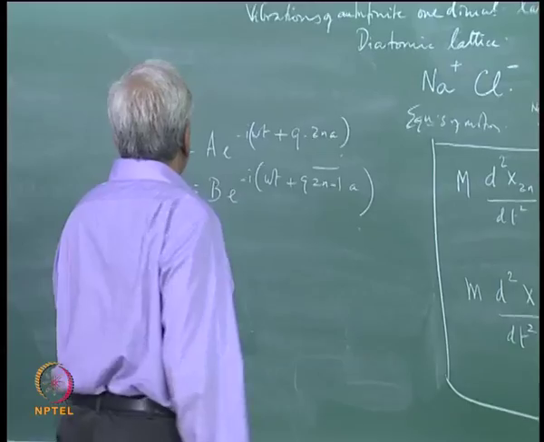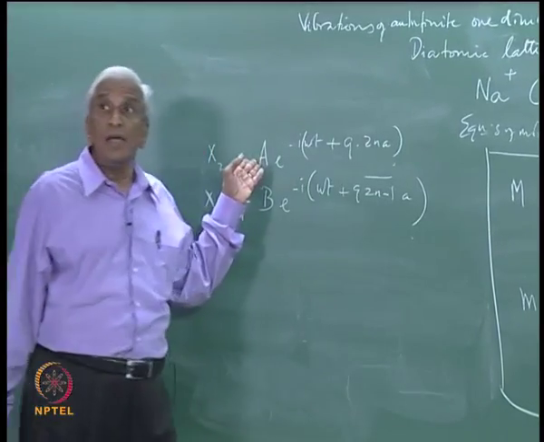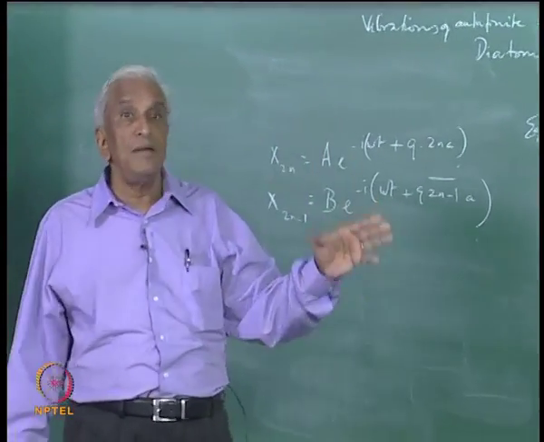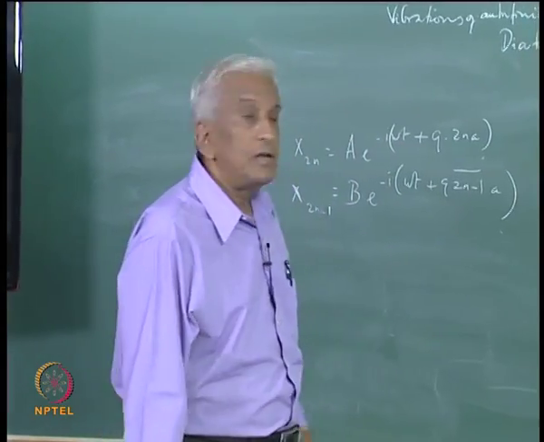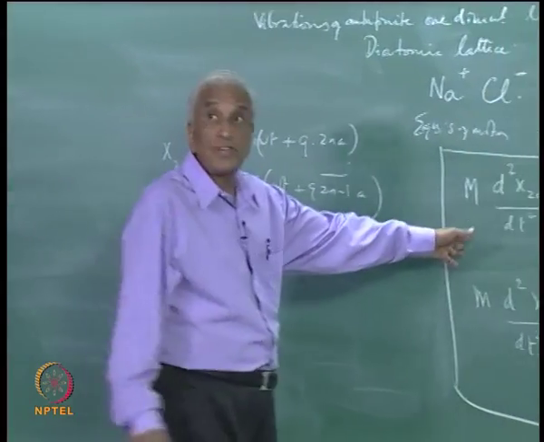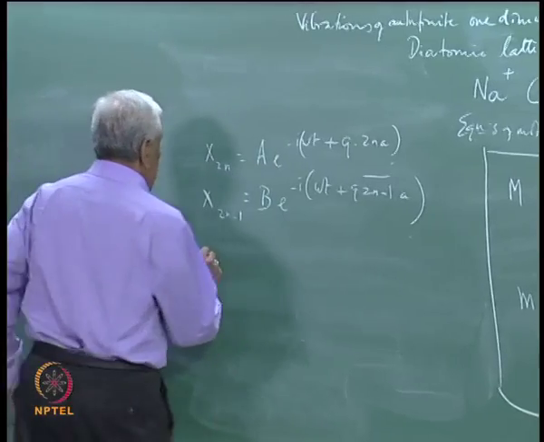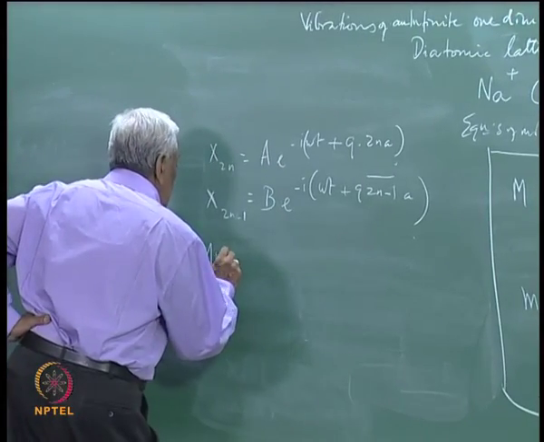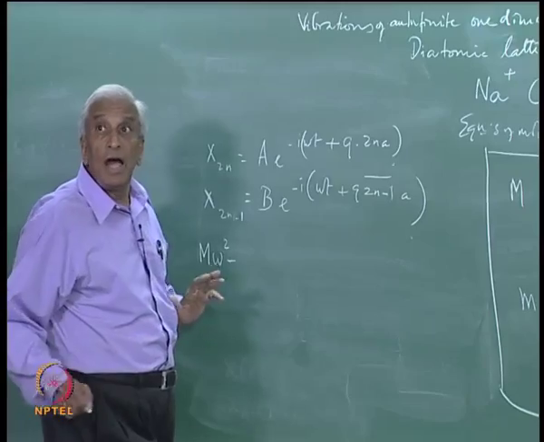So, a and b are the amplitudes of the vibration of the atoms of mass capital M and small m respectively.